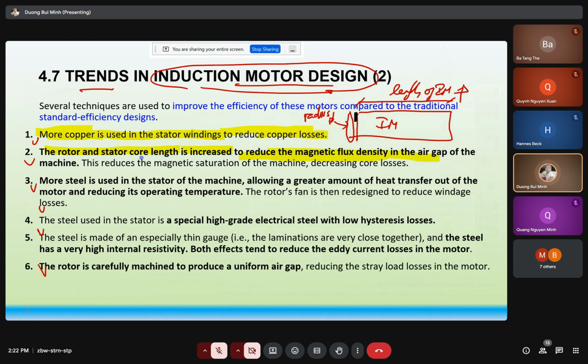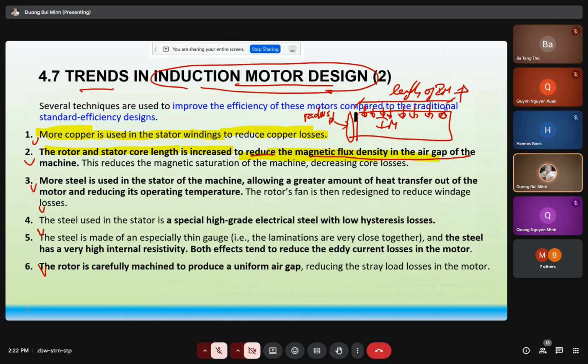Because if we lengthen the size of the motors, you can reduce this magnetic flux density in the air gap. That means more magnetic flux comes from the stator to the rotors.